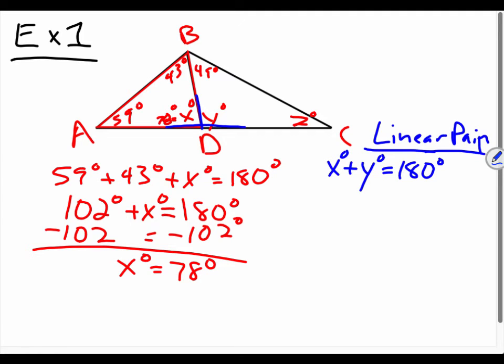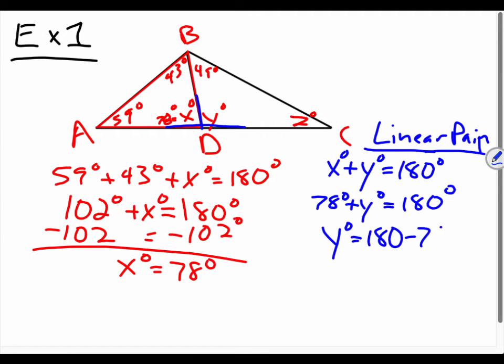And we know that X is 78. So Y equals 180 minus 78, which is what?